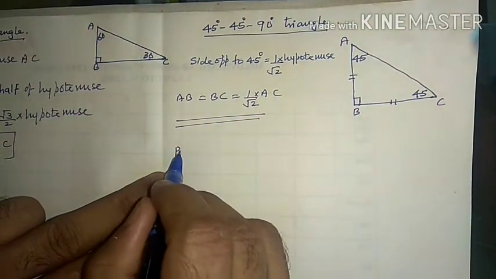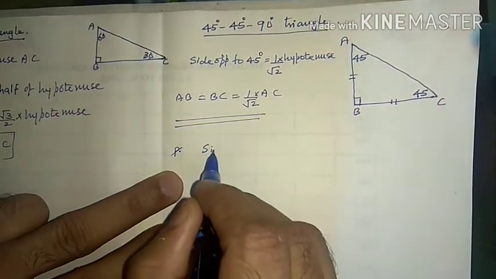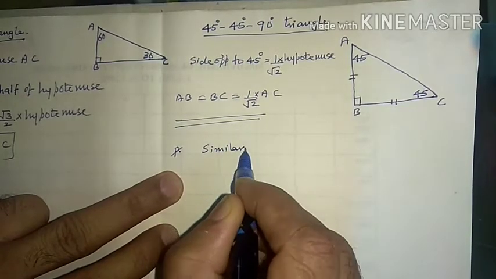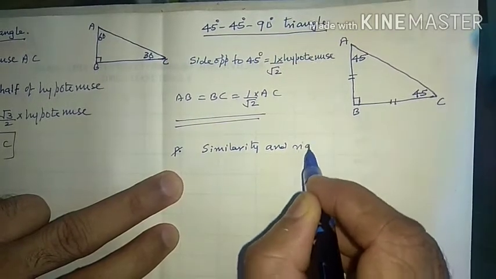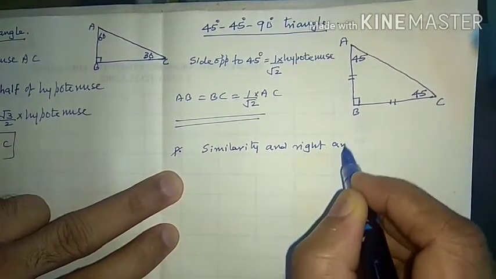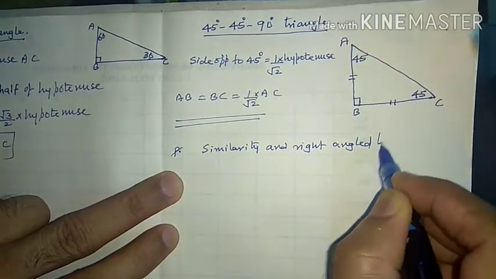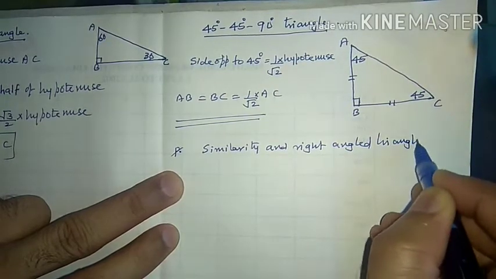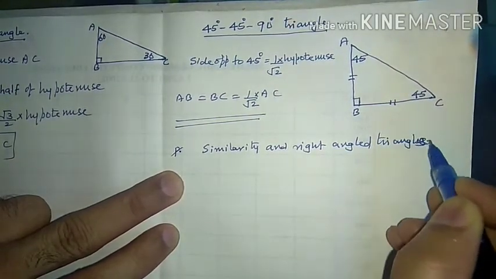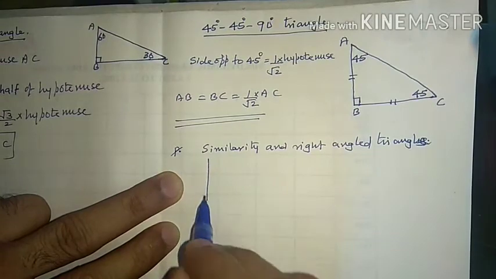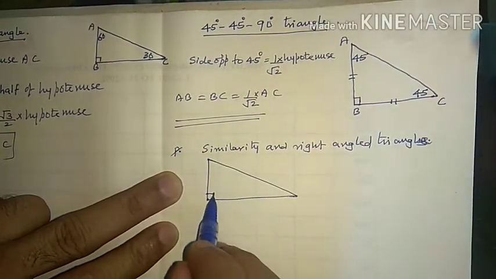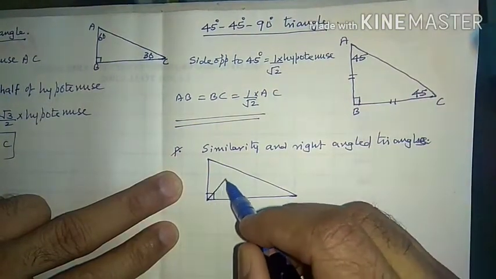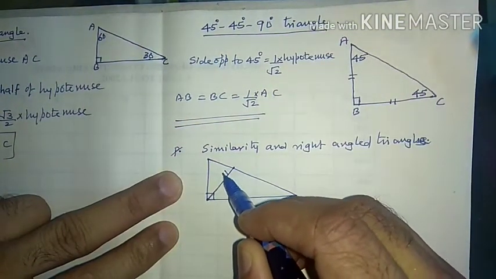First we did similarity and right angled triangles. There we took a right angled triangle with a perpendicular drawn on the hypotenuse.